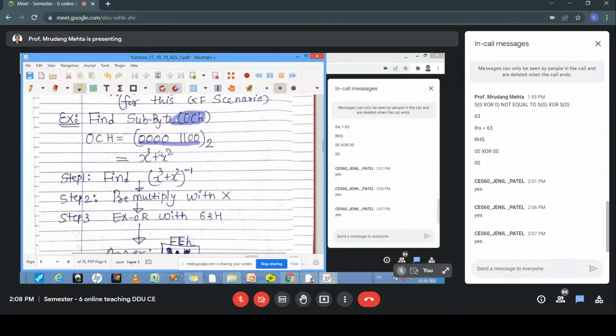X raised to 3 multiplied by 1 is x cube. All other elements are 0 because anything multiplied by 0 is 0. So what remains is this polynomial. So 0CH is equivalent to x cube plus x square. Are you able to understand how we have converted it into a polynomial?